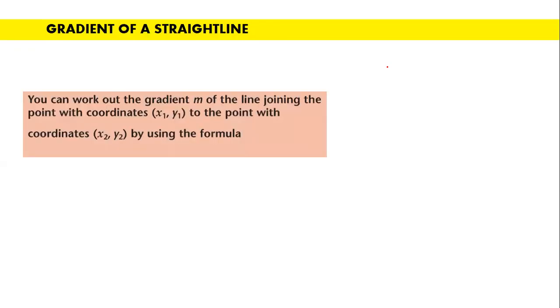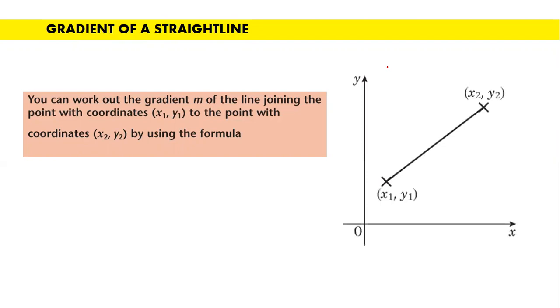Let us first revise how to calculate the gradient of a straight line graph. You can work out the gradient m of the line joining the point with coordinates x1, y1 to the point with coordinates x2, y2 by using the following formula: m, the gradient, equals y2 minus y1 over x2 minus x1.